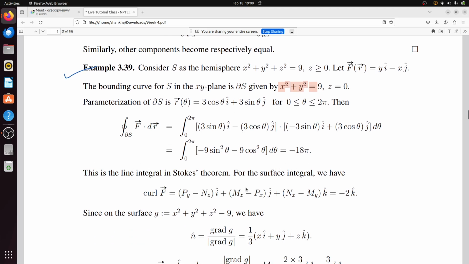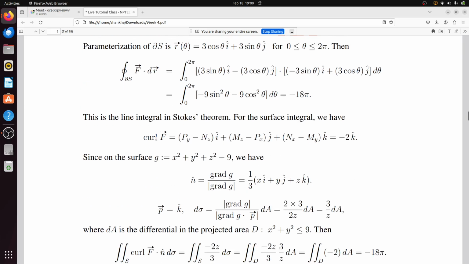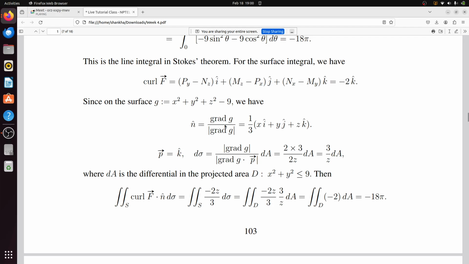Now we need to determine the surface integral. For determining the surface integral, we need curl F. If you compute curl F, since F is known to you, you will get minus 2k cap. Then you need to determine this g. It is grad g by the absolute value of grad g. The outward drawn normal is k cap.